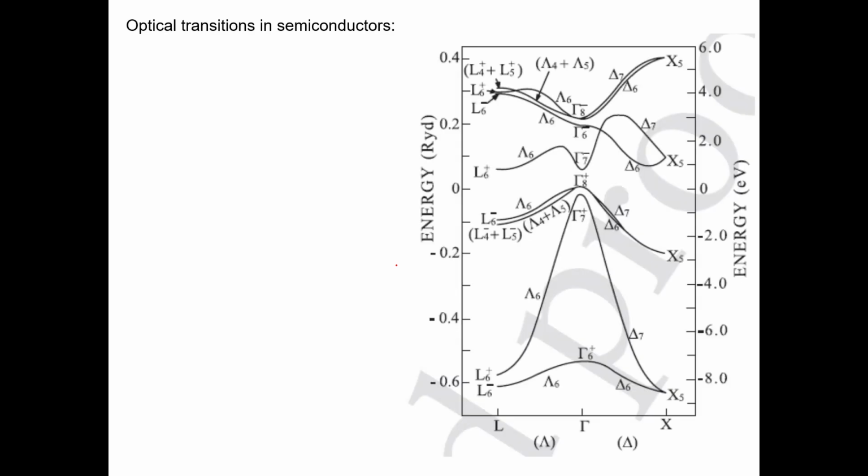Let me briefly also say a few words about how we find selection rules for optical transitions in different systems, for instance in semiconductors, using the double groups. It's not very much different from what we did before for ordinary groups. So this is, for instance, a band structure of germanium.